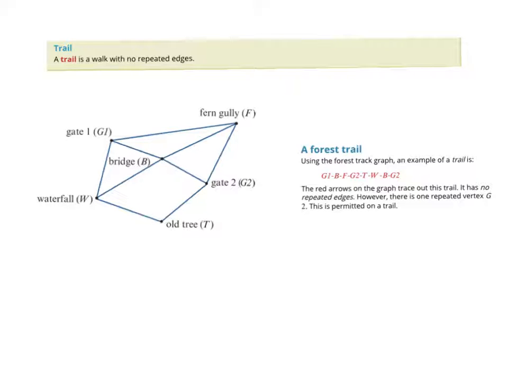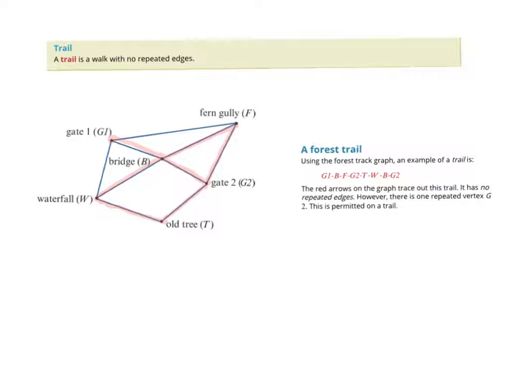An example here is I go to the bridge, I go to the fern gully, gate 2, to the tree, the waterfall, the bridge, and then back to gate 2.